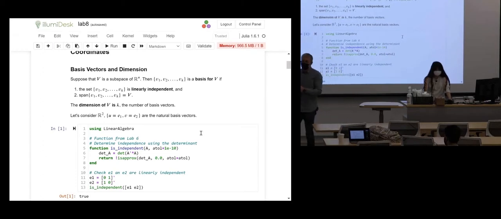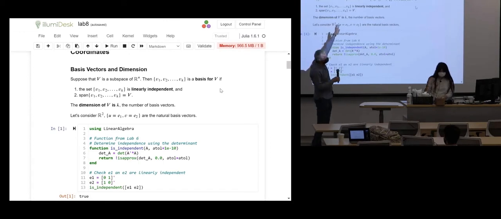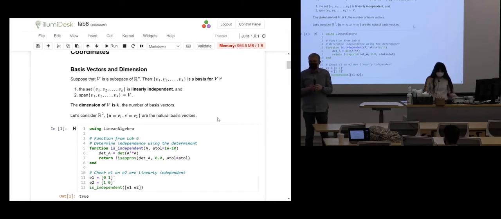Yes? If you're working in Rn, does that mean you need n vectors for a basis? So the question was, how do you get the number of these vectors? Yes, if V was the entire space Rn, which is contained in itself, then you would need n vectors.